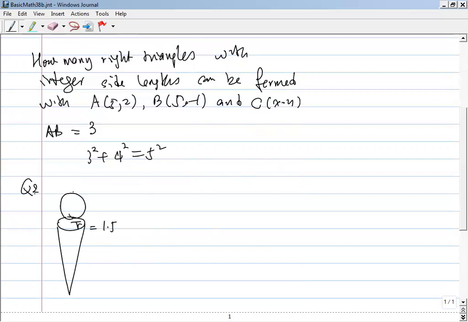And the cone has height h. The height is h, we don't know yet.